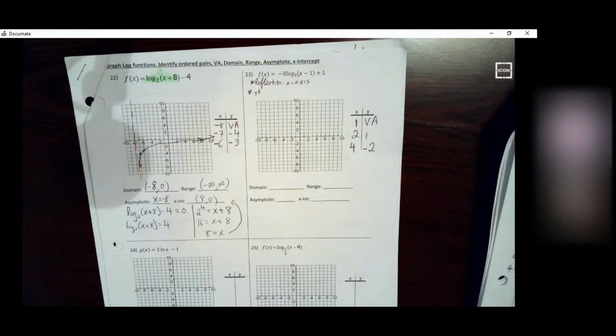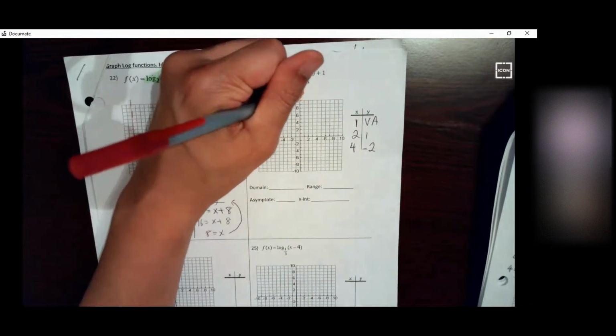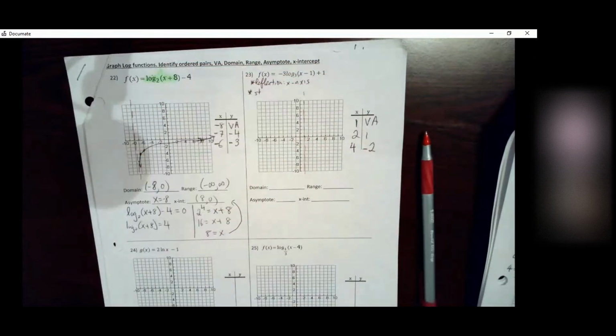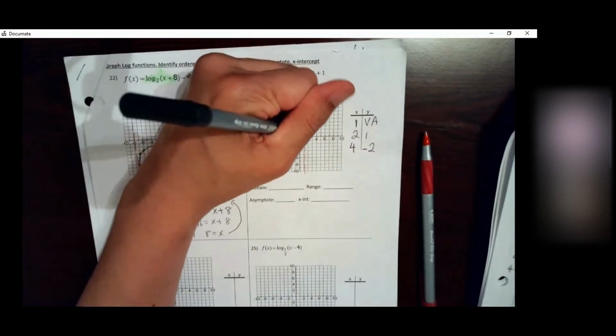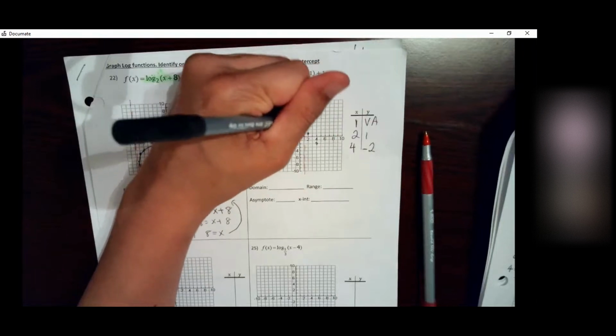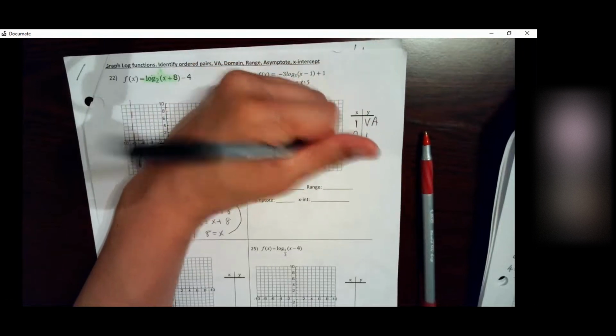And then to find the x-intercept, set the equation equal to 0.